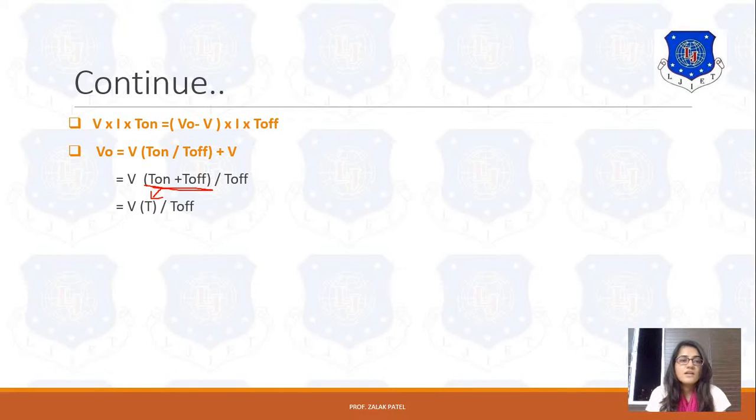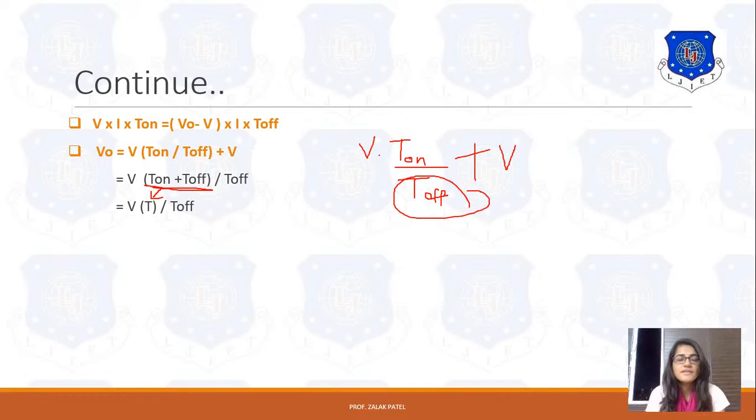Even in this term, if you don't get it, it will be like this: V into T on divided by T off plus V. So in this case we take the denominator as a common LCM, so V T on plus V into T off, so it can be written like this.